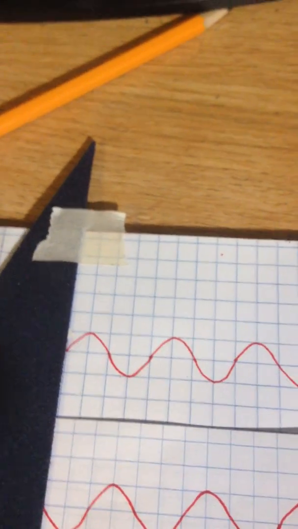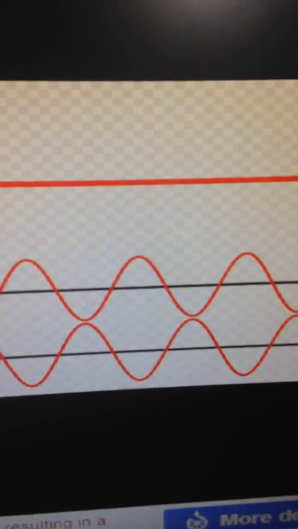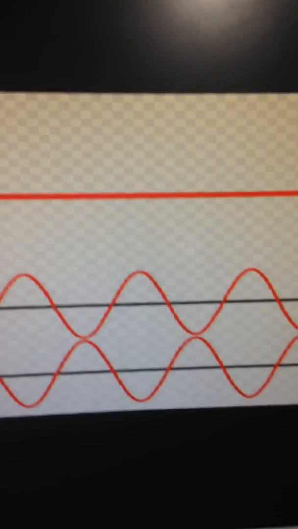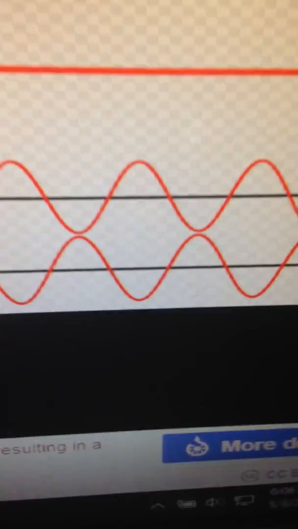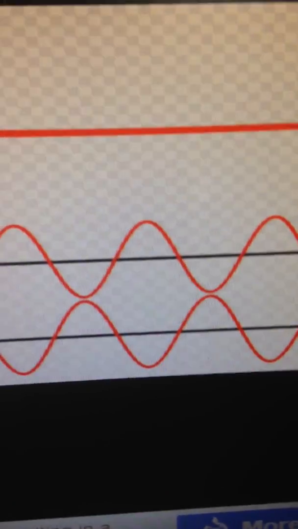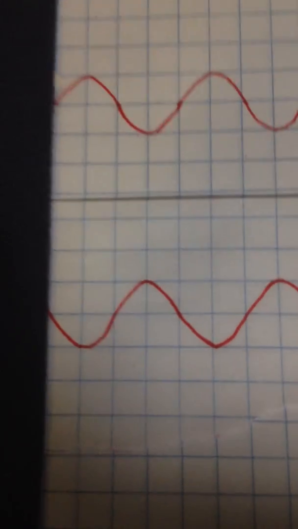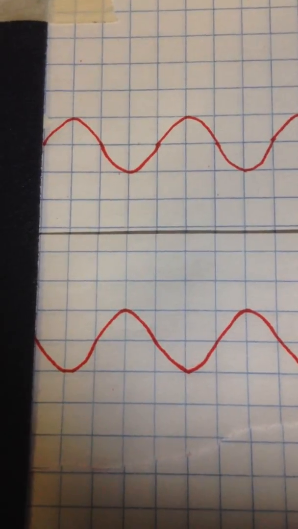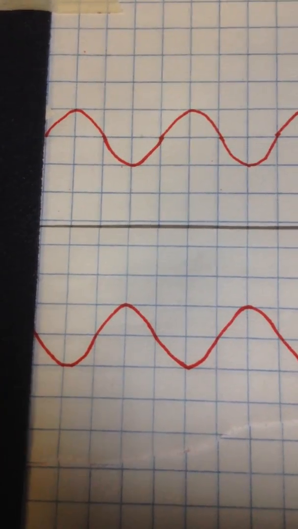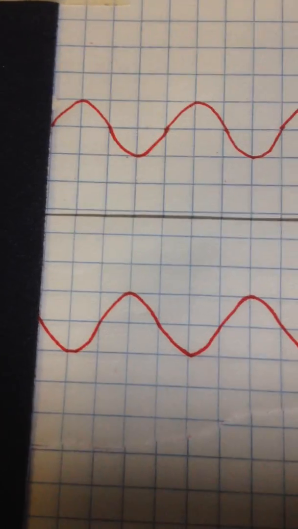Let's just remind ourselves that that is the two waves interfering, making 0, making no noise. And then we move it another, how much more do we want to move it to get another maximum constructive interference?